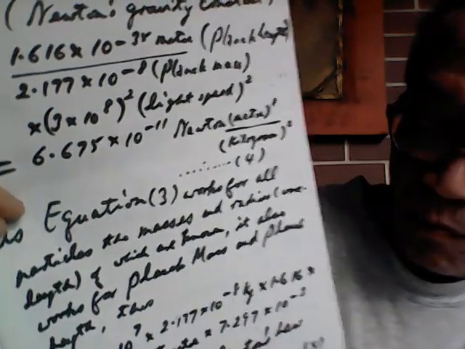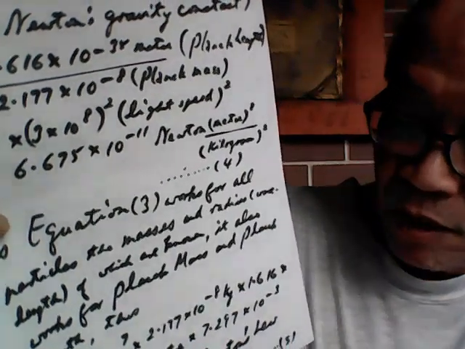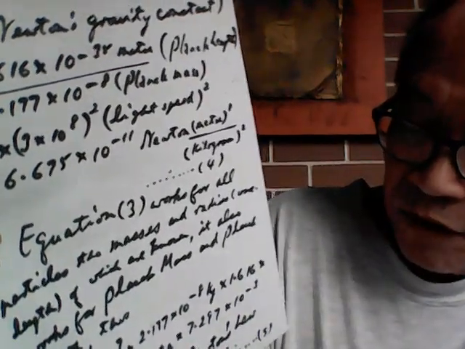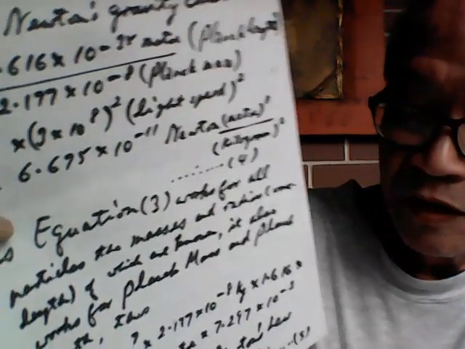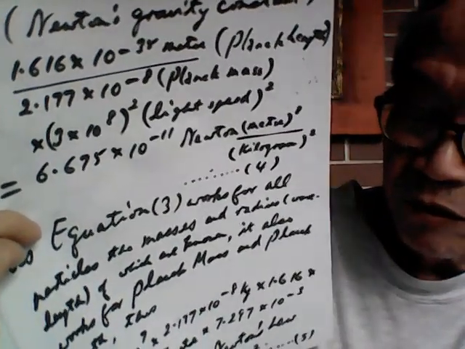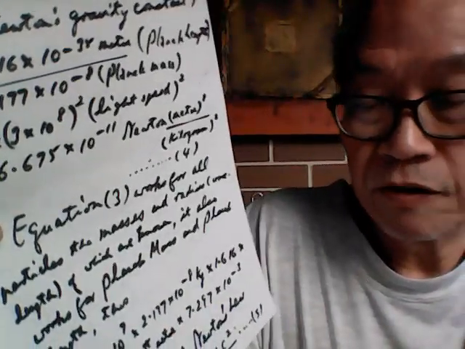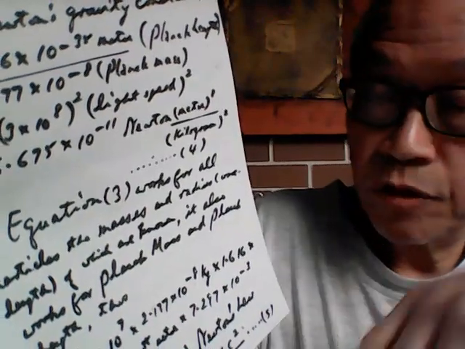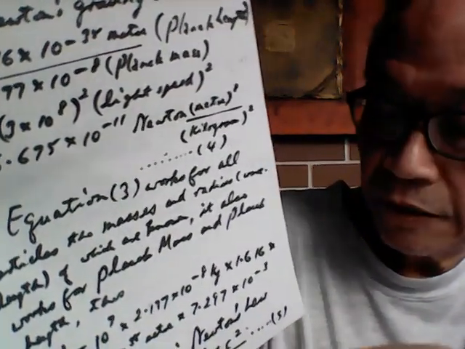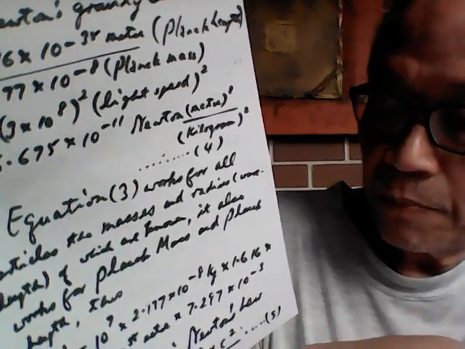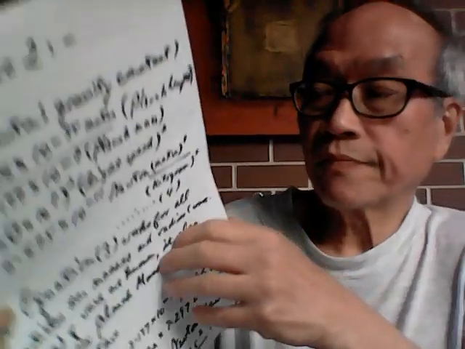F is equal to M1 or M2, doesn't matter, times c square divided by R. The important thing is the force is simply equal to one of the masses. If you have two objects, you find the force between them. This is either mass times c square divided by r, the distance between them.